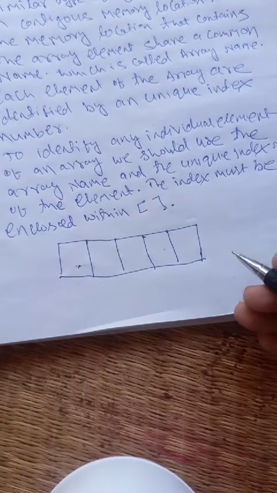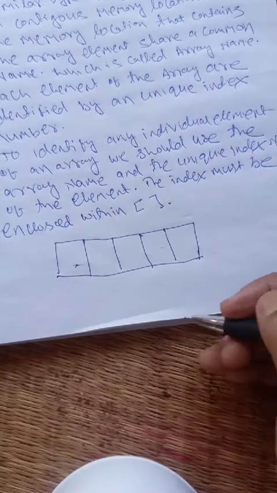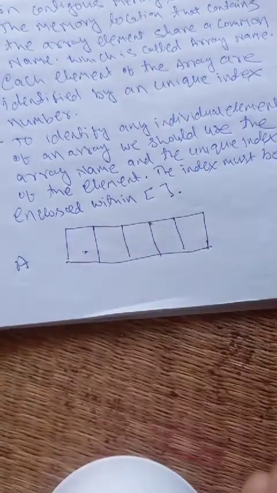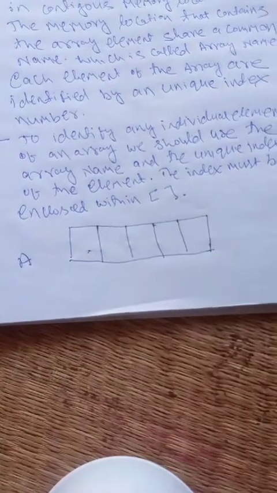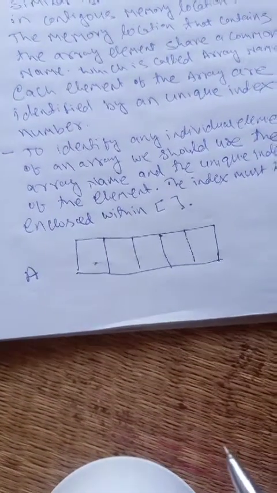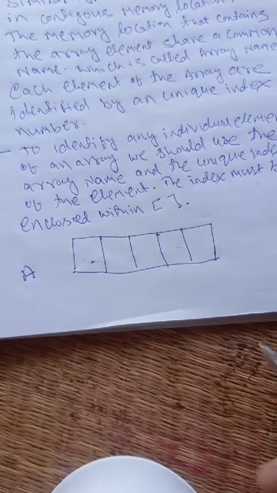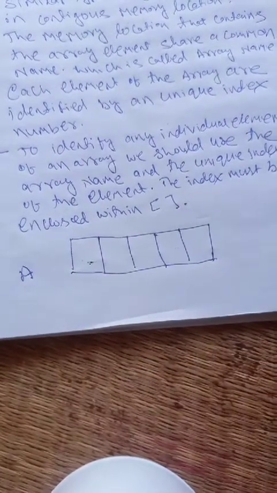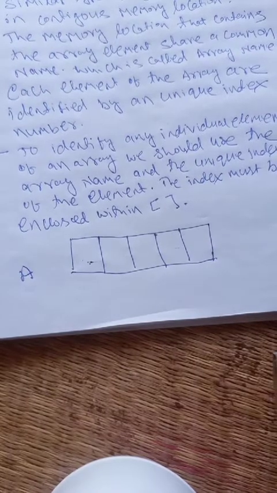Let us assume the name of the array is A. When I say array name A, all these elements must share this common name, A. But each individual element must be identified by a unique index number.